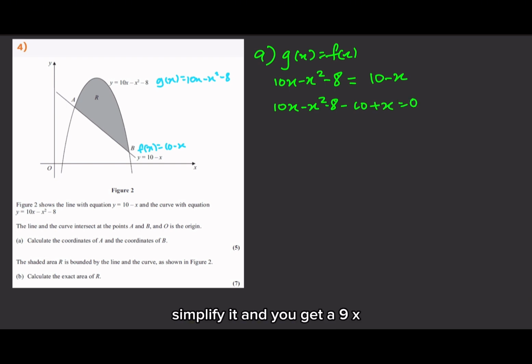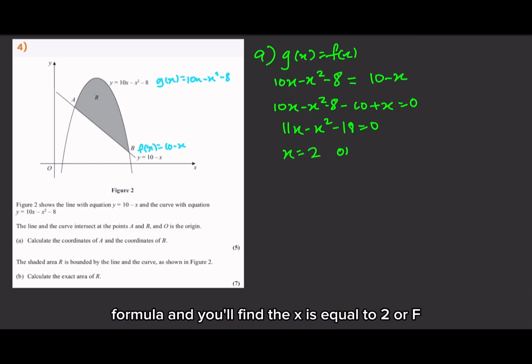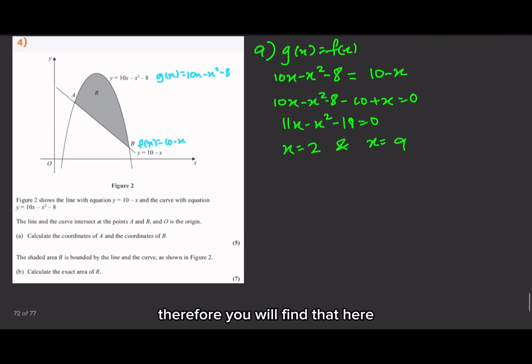Simplify it and you get 11x minus x squared minus 18 equals 0. And of course you can just put this in your calculator, or you can use the quadratic formula and you'll find that x is equal to 2 or x is equal to 9. Therefore, you will find that here this part is 2 and this part is 9.